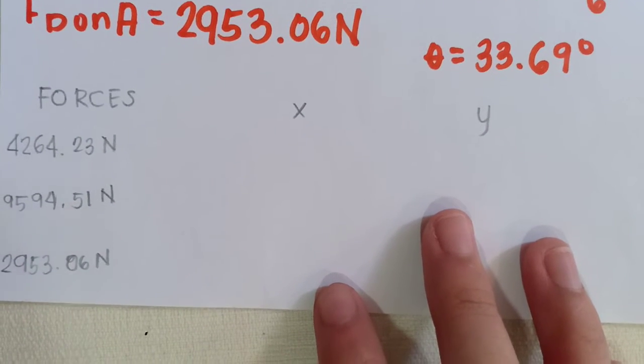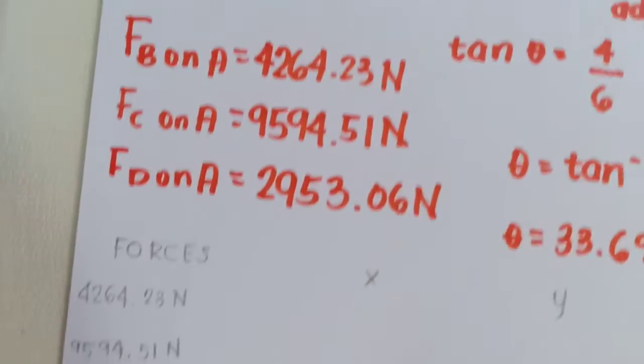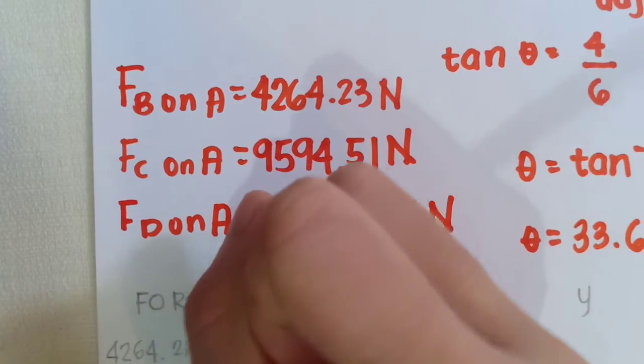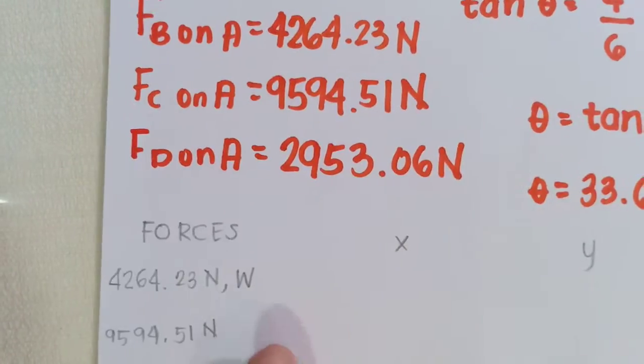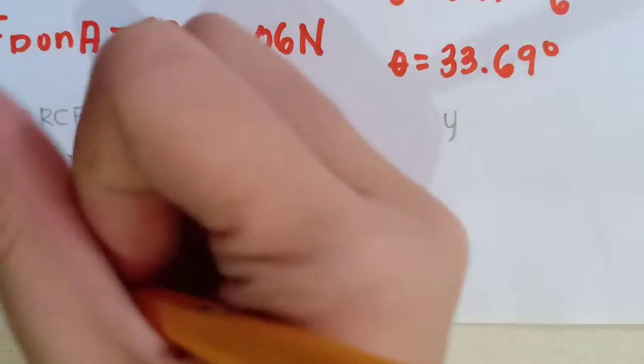Then in the component method, we also have to take into consideration the directions. So FB on A, which is this one, 4264, is going left or west. Then FC on A is up or north.